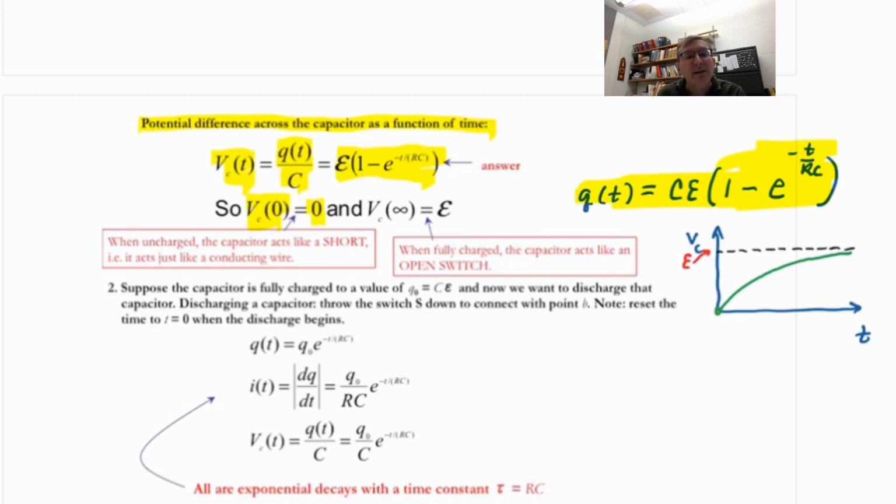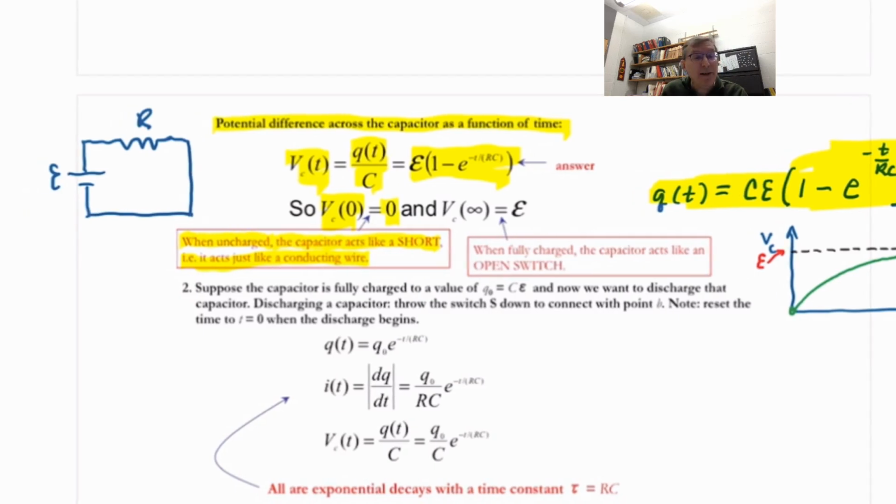Well, that's just like a plain old conducting wire would behave. So here's a very useful thing to remember when you're trying to understand how a circuit with a capacitor will behave. If the capacitor is uncharged, the capacitor acts like what we call a short in the branch where the capacitor is. That means just like a plain old conducting wire. Just like in that circuit, if I drew it over here, I had the battery with its EMF, the resistor, R, and then the capacitor just acts like a wire.